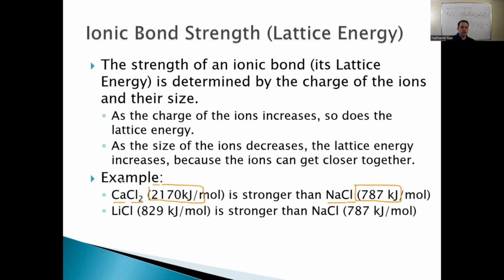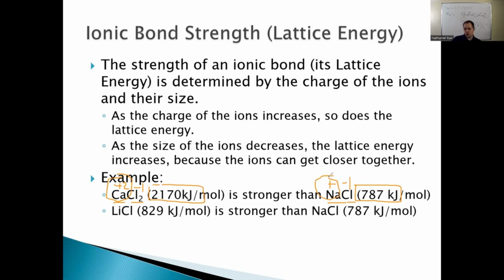Why is that? Calcium has a +2 charge, and chloride is -1. Whereas over here, sodium is +1, and chloride is -1. So the +2 charge on the calcium is bigger than the +1 charge on the sodium.